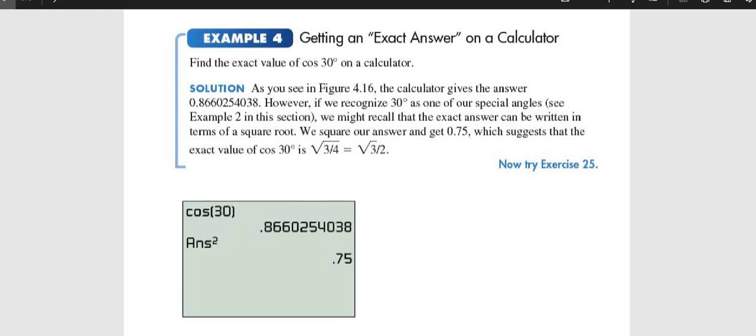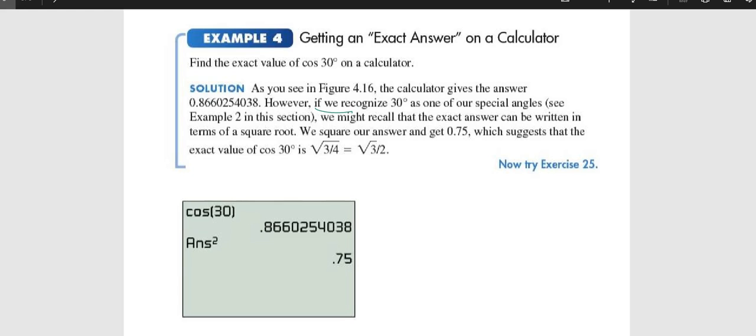Let's look at what they actually say here. As you see in figure 4.16, the calculator gives the answer, blah, blah, blah. However, if we recognize 30 degrees as one of our special angles, we might recall that the exact answer can be written in terms of a square root. Okay. We square our answer.